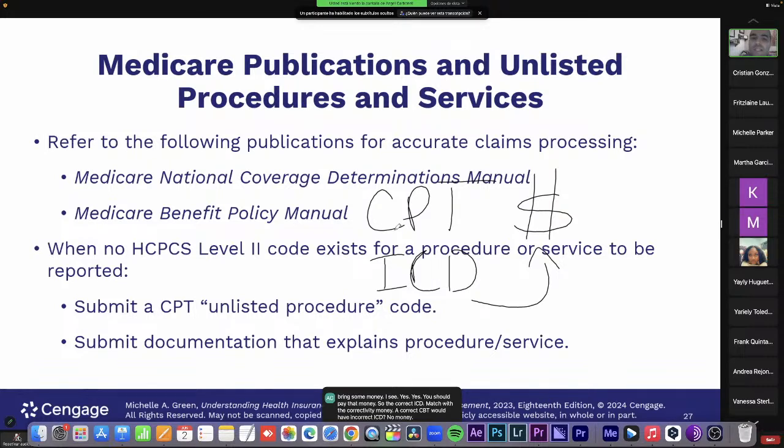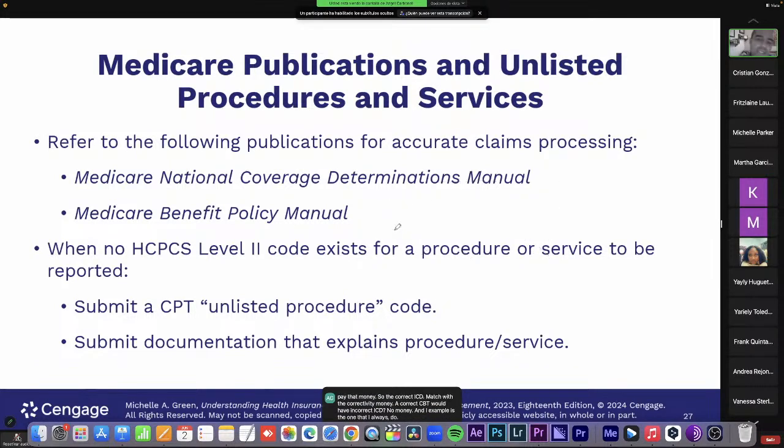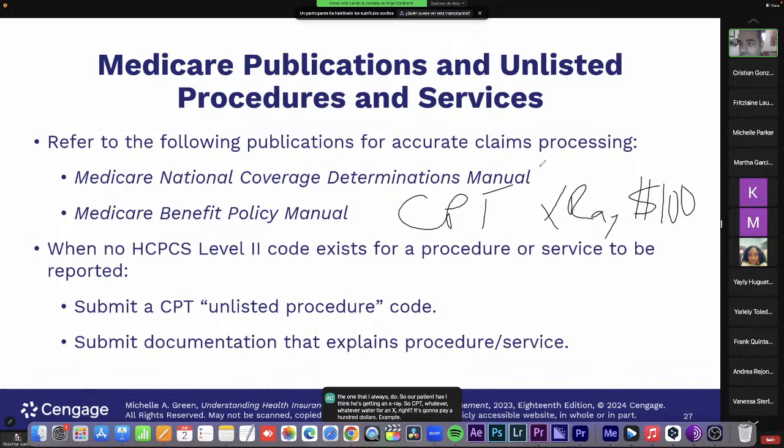Another example is the one that I always use. A patient is getting an X-ray. The CPT for an X-ray is going to pay, for example, $100. The patient has an ICD of fracture.